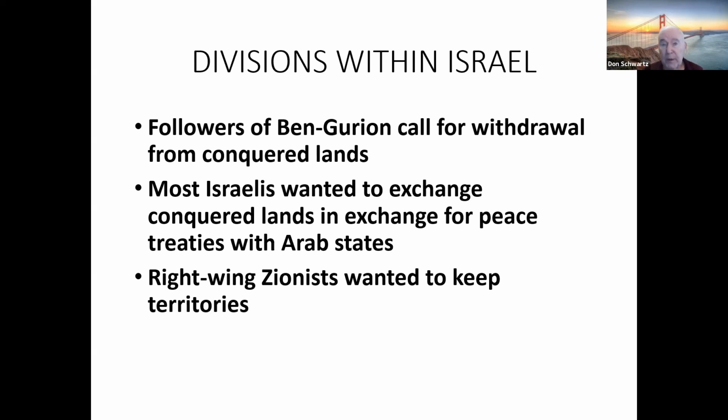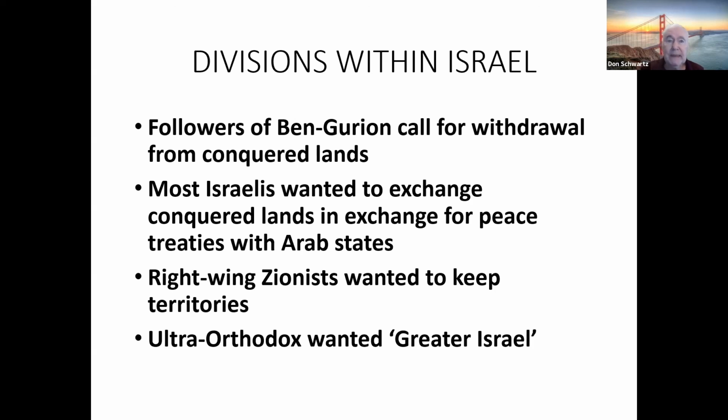And a much more extreme element was made up of Orthodox and ultra-Orthodox Jews, who regarded the 1967 triumph as an opportunity to recapture land which they said was given to Jews by God in biblical times.